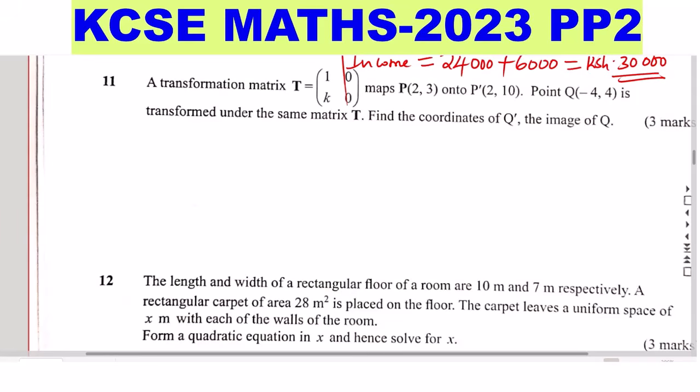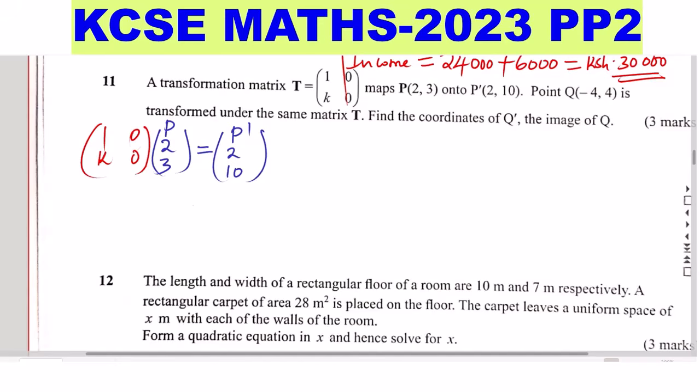So if you're transforming P, this is how we're supposed to do it. Matrix T is 1, 0, K, 0. So this one transforms P, and P is written in column form, 2, 3, like that. And this one should give P prime, which is 2, 10. By doing this, we'll be able to get K. So we multiply these out.